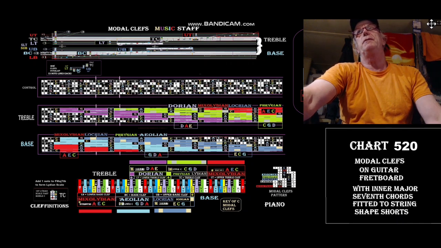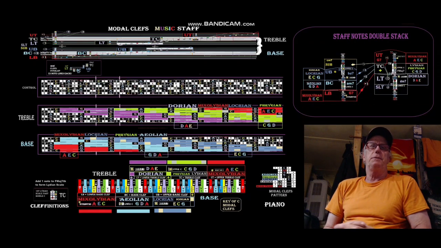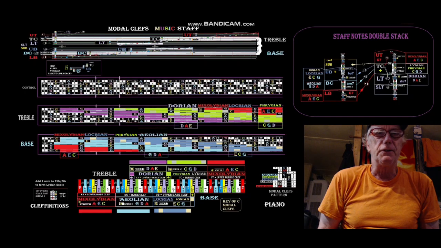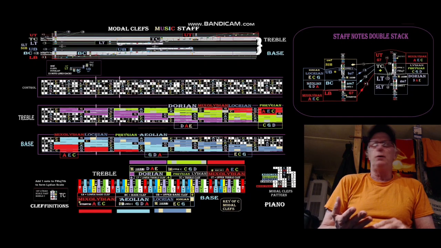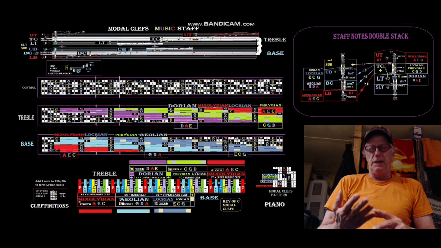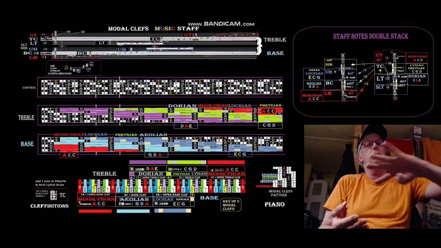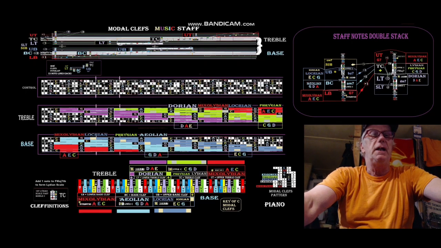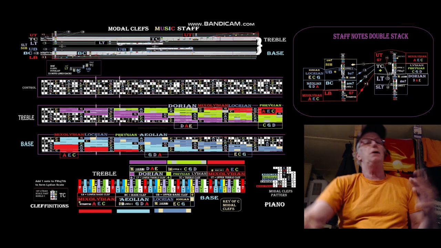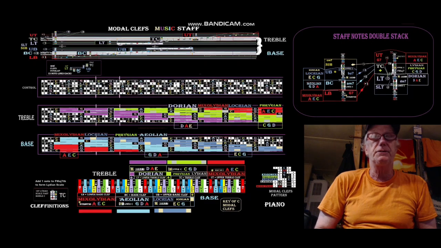Modal clefs on the fretboard. This is what's made it easy for me to remember the bass clef and the treble clef. You just look at the in-between notes in the treble clef as an F major 7th, and in the bass clef you can look at the in-between notes as a minor 7th.